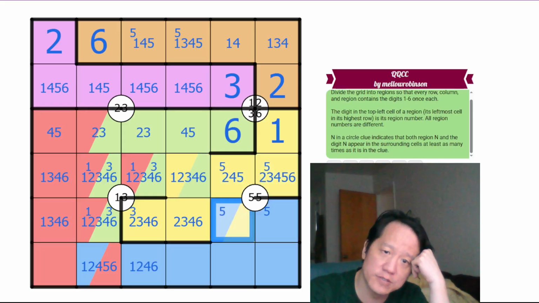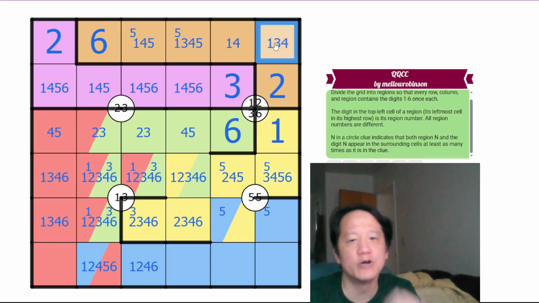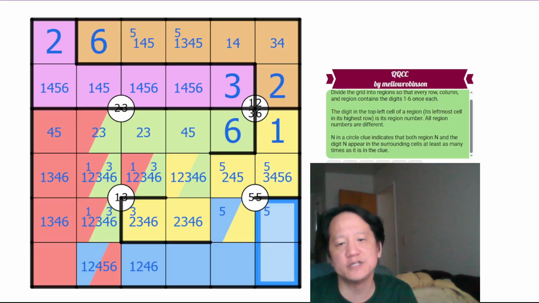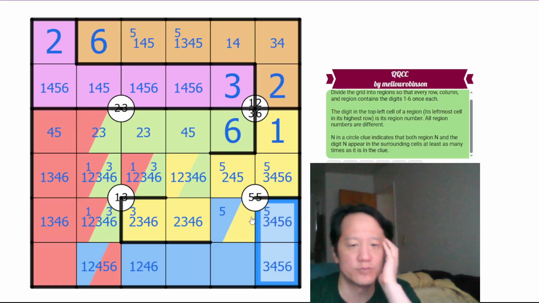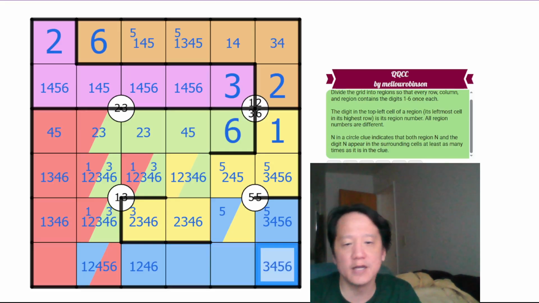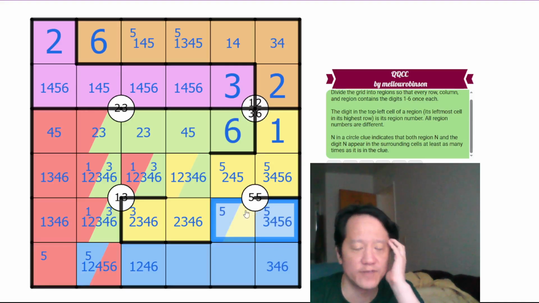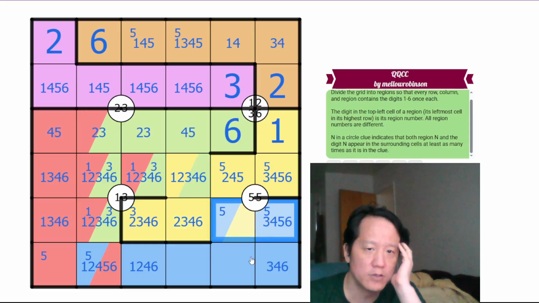No 3 or 6 here because of 3 or 6 in the column. No 2 here because of 2 in the column. 1 eliminates 1 from being there. The remaining digits of column 6 are 3 through 6. This cannot be 5 here. So where's 5 in row 6? It must be one of these two digits because the 5 has to be the region number here.